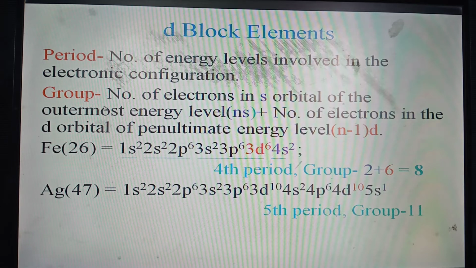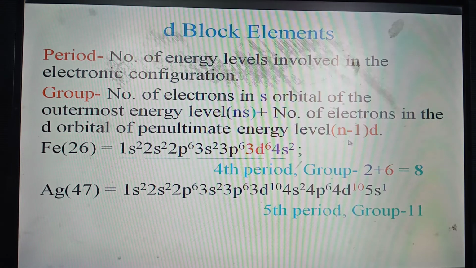But how to determine the group number? Look at this. Number of electrons in the s orbital of the outermost energy level, that is ns, plus the number of electrons in the d orbital of the penultimate energy level, that is (n minus 1)d.